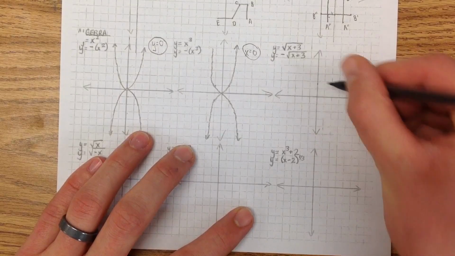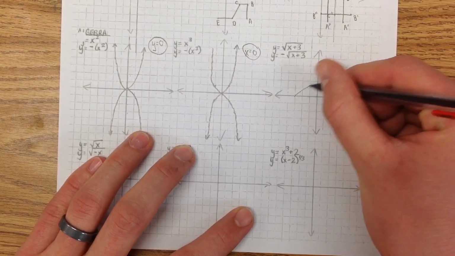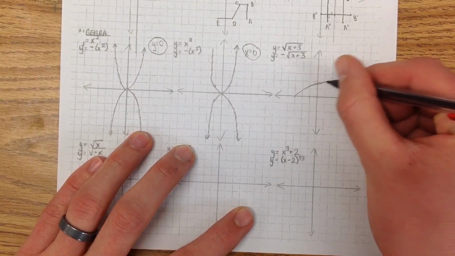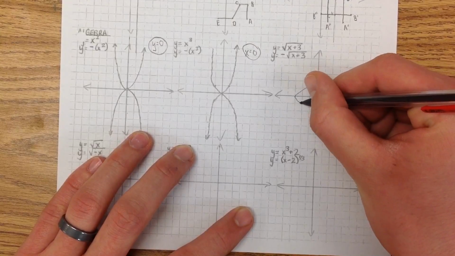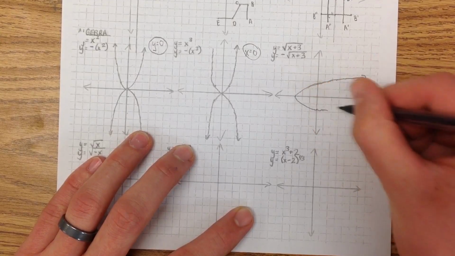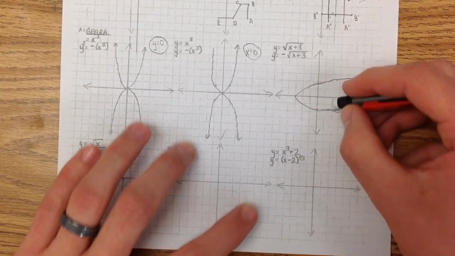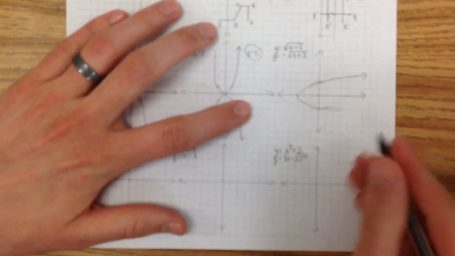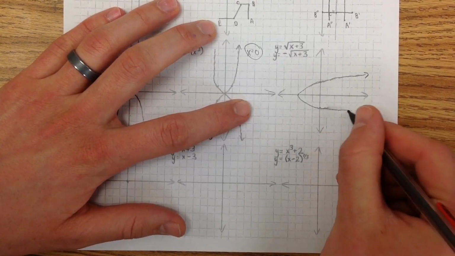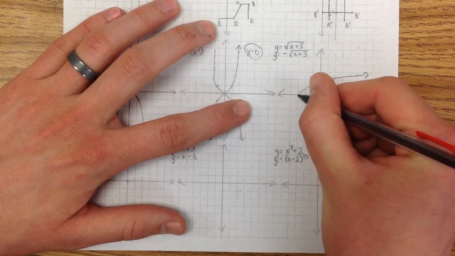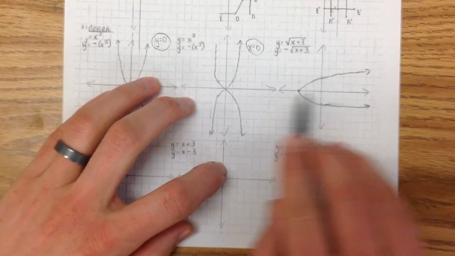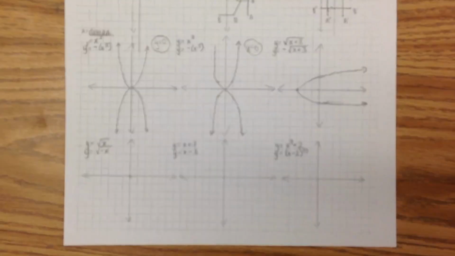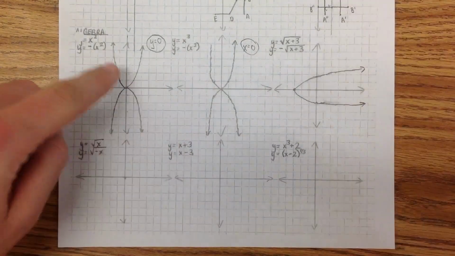It looks like it crosses around there. Okay, and again, it's reflecting, went from here to here. It's reflecting over the x-axis. So we're going to call it the line y equals 0, just like we did on this one.